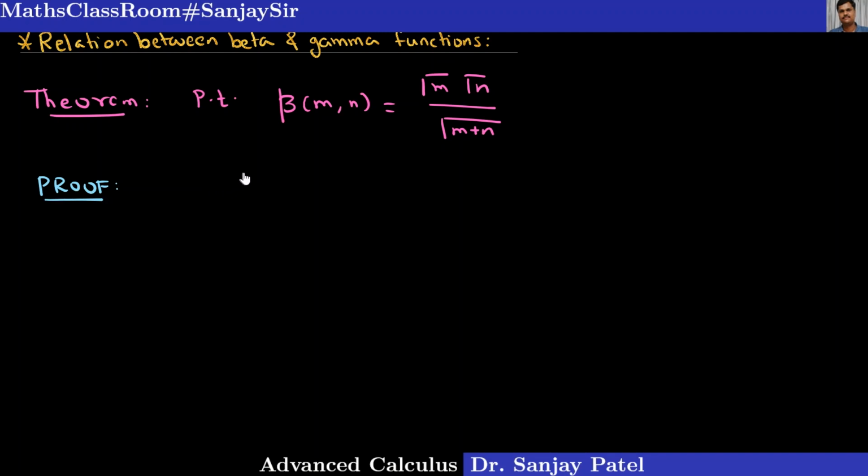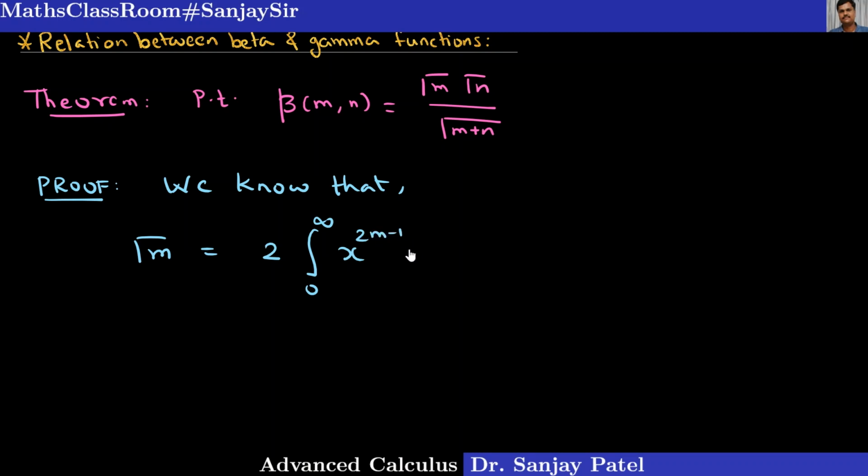We will begin with the definition of gamma function, and I will write the values of the numerator, gamma m and gamma n. So we know that gamma of m we can write as 2 times integral 0 to infinity x raised to 2m minus 1 into e raised to minus x square dx.